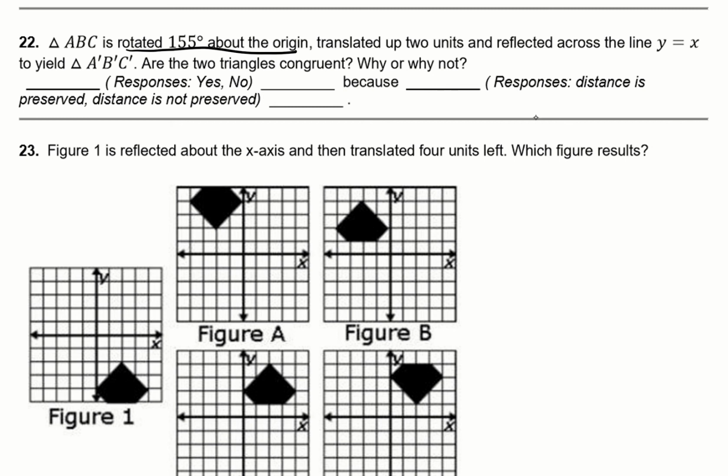So in other words, it doesn't really change the shape, it just rotates it. And translating up 2 units and reflecting does not change the shape as well. It just changes the orientation and so on. So these two triangles are going to be congruent because the distance is preserved. So yes, the distance is preserved in these transformations.